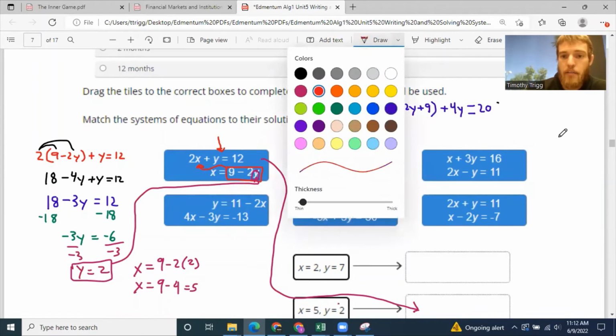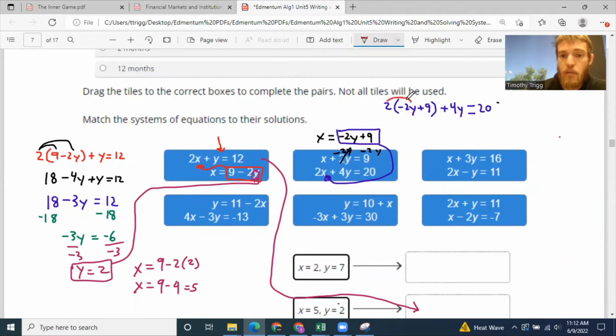What do you think we do next? Well, I would distribute this 2 here, giving us negative 4y plus 18 plus 4y equals 20.